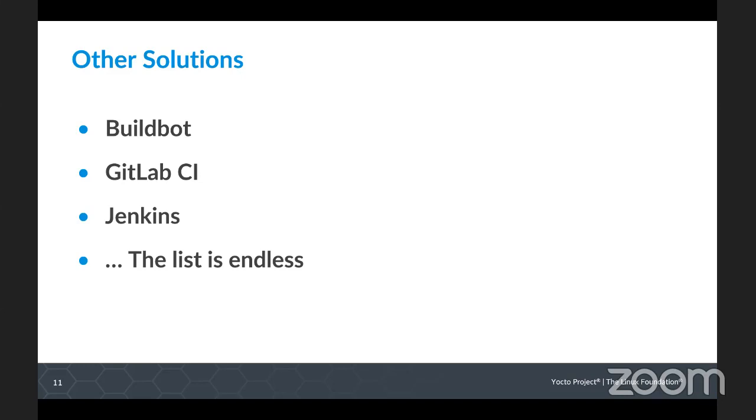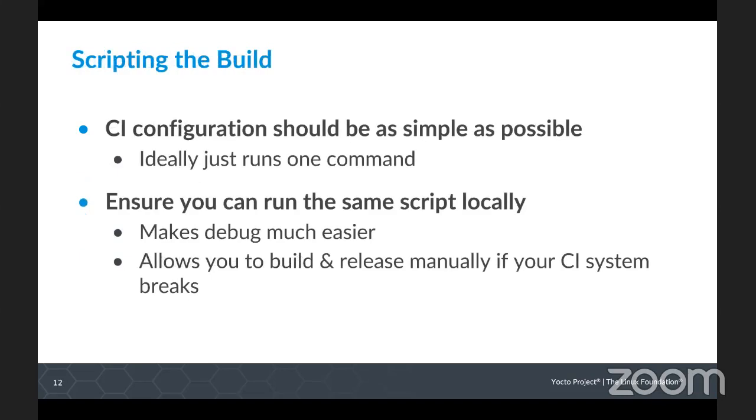So when we talk about the configuration that you want to put into these systems, my advice is always that the CI configuration should be as simple as possible. Ideally, it would just run one command, and this command would be a build script that you can also run locally in your development environment.